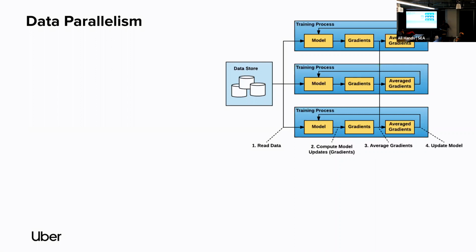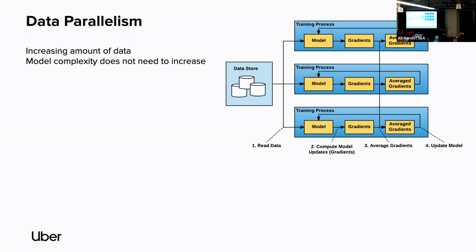Whatever technique they use, they calculate that average, and then in step 4, every model applies those averages to its local version, and this process keeps going. The difference here is that each process only works on a subset of the entire data, and that's what's called data parallelism. With the increasing amount of data, this is becoming a really good technique, becoming the standard practice in many cases.